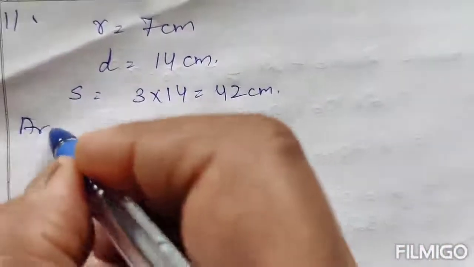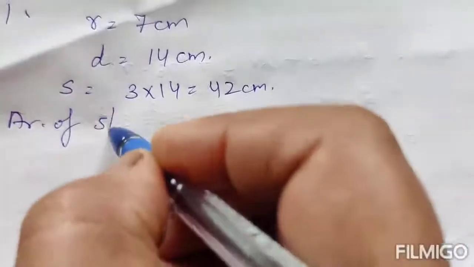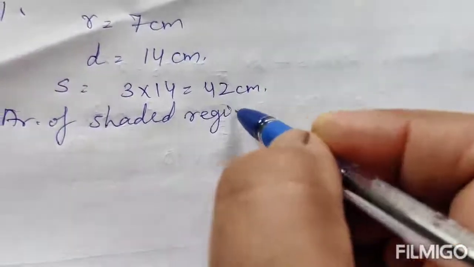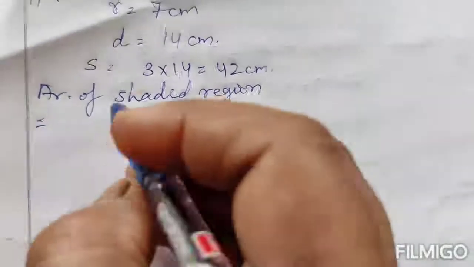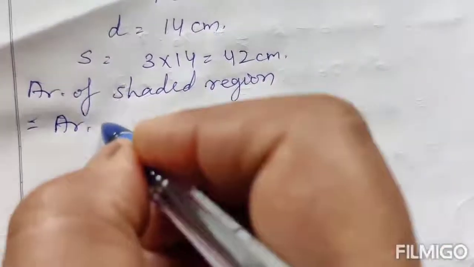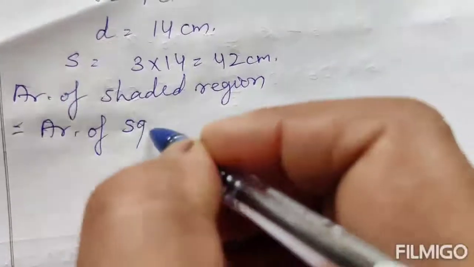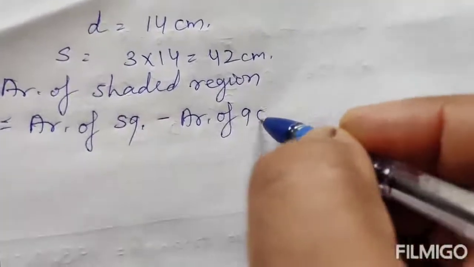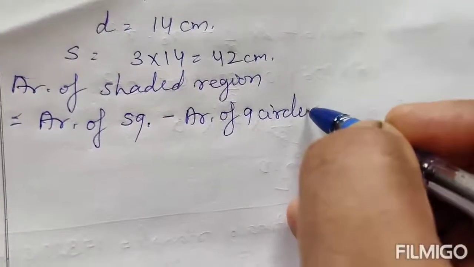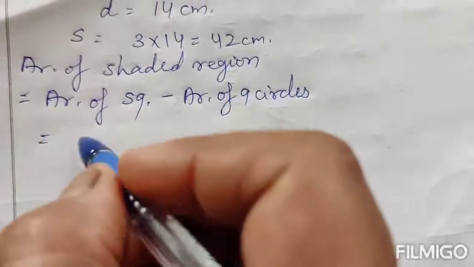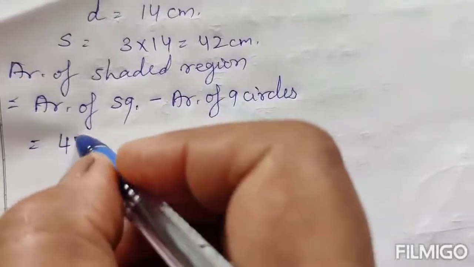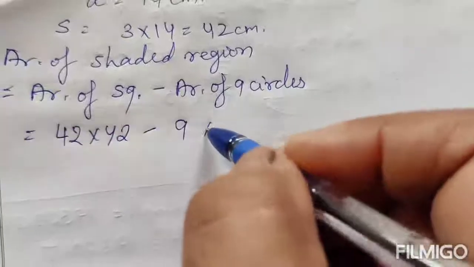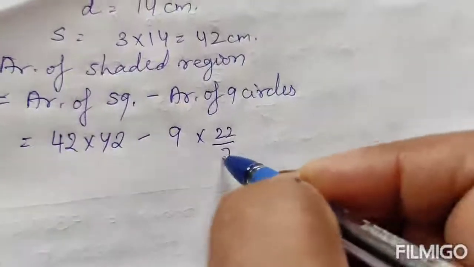Area of shaded region equals area of square minus area of 9 circles. The area of the square is side square, 42 into 42, minus 9 circles, 9 into pi r square.